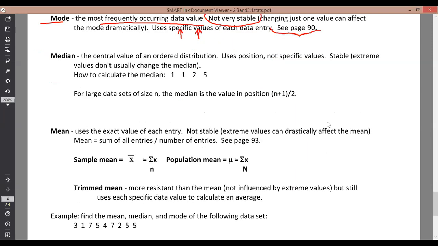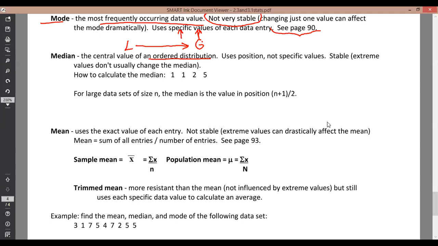This is the central value of an ordered distribution. In order to find the median, you're going to have your least numbers down here, and then going this way, you'll have your greatest numbers up here. Least to greatest. It's the very center number, okay? And you're either going to have an odd number of data or an even, right?